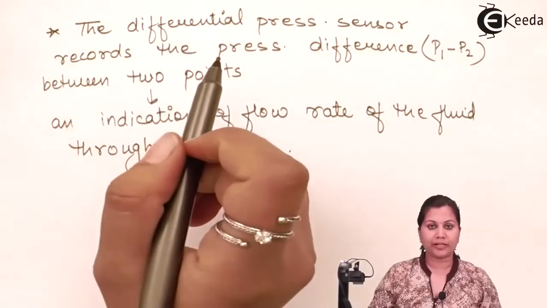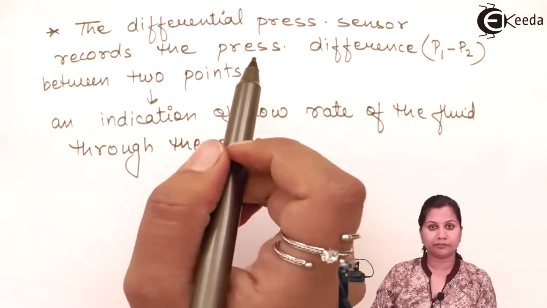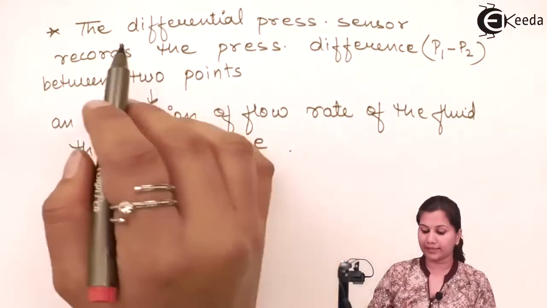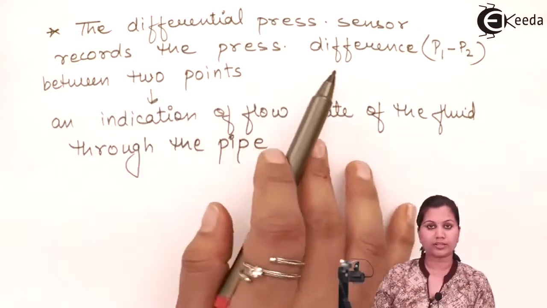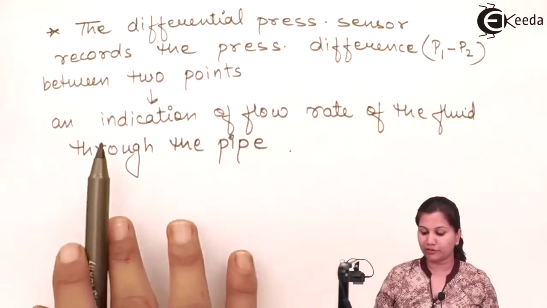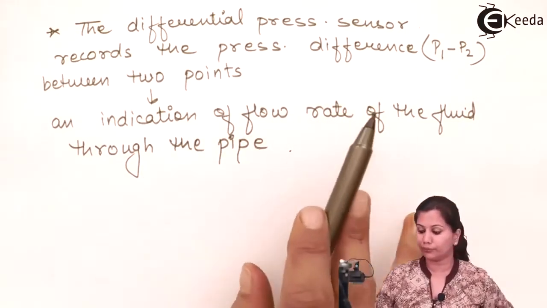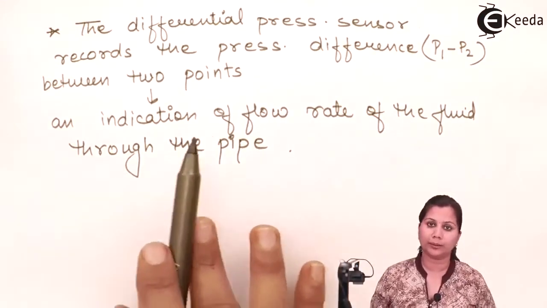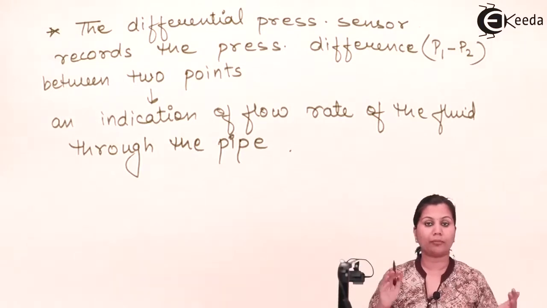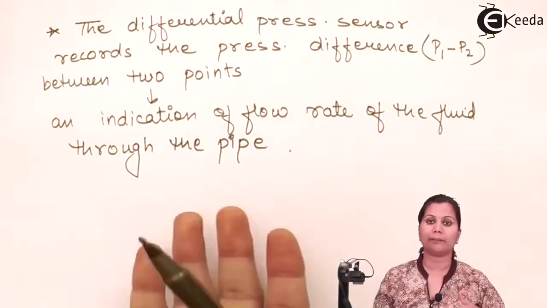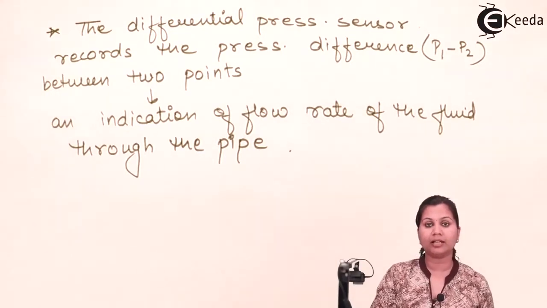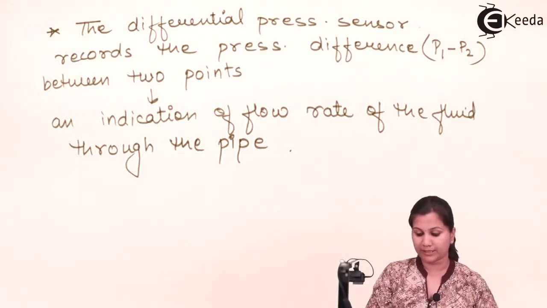This differential pressure is measured with the help of the differential pressure sensor, that is the U-tube manometer, and it records the difference P1 minus P2, and this pressure difference is an indication of the flow rate of the fluid through the pipe. So in this way, by measuring the pressure difference, we are measuring the flow rate. So it's an indirect method.